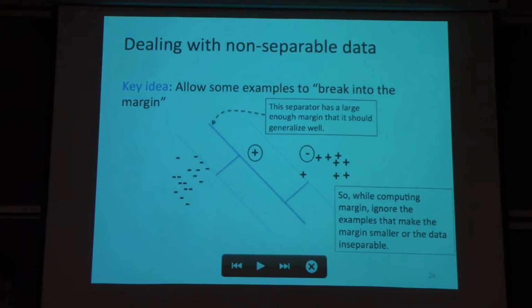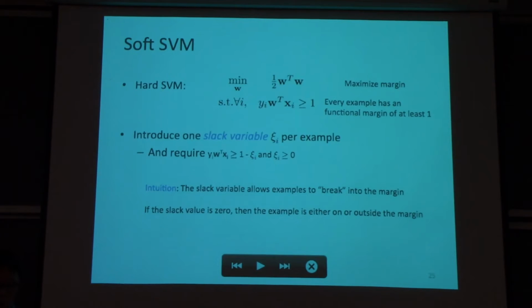Because we don't know, what we do is we allow for every data point a chance, a possibility to break into the margin. So let's look at what the equation means here. Originally, in the hard SVM case, if the data is separable, we require y W x to be greater than 1. But if the data is not separable, we know we cannot find such W. So what we do here is, for every data point, we assign a slack variable Xi.